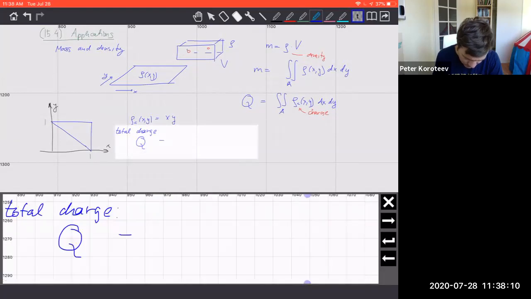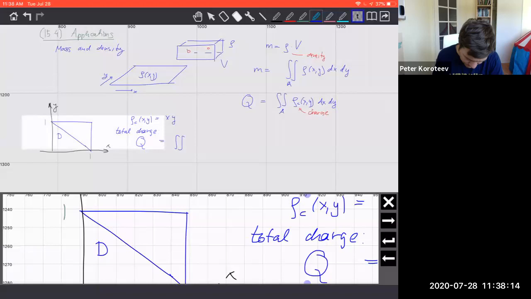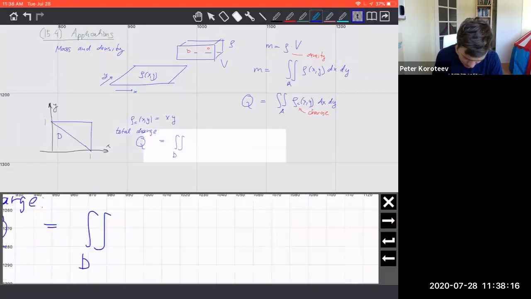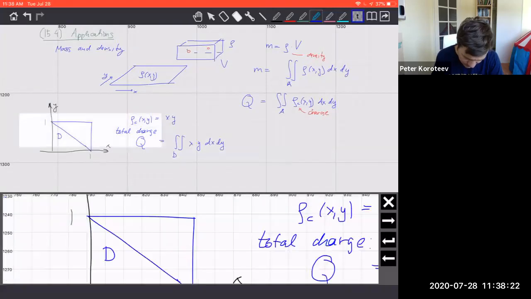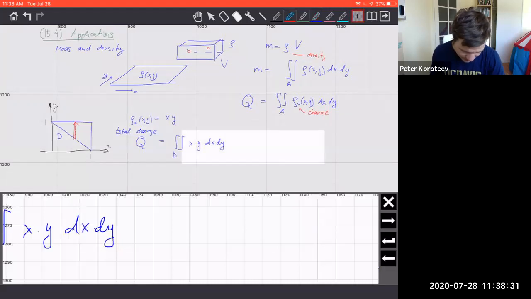So the total charge will be the integral over this region, let's call it D, of x times y dx dy. If we deal with vertical slicing here, we would integrate first over the y coordinate and then over x, but it doesn't really matter.